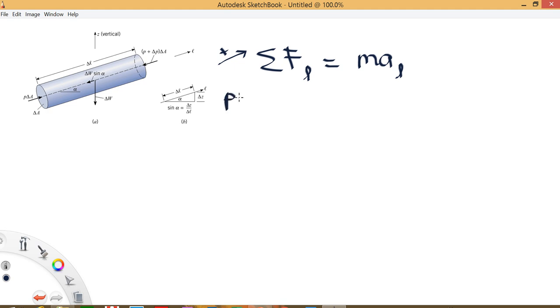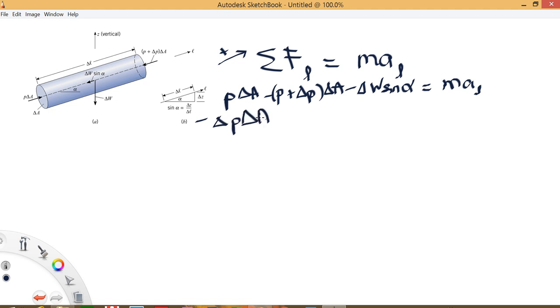P times A, so this is positive, minus P plus delta P times A, so this is negative because it's going to the other side, minus the component of the weight, is equal to ma. So PA minus PA cancel, so you have delta P A.